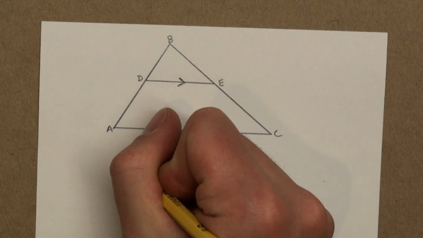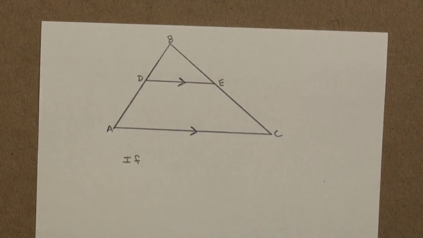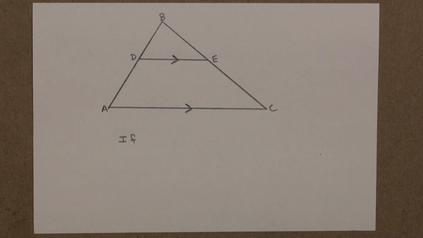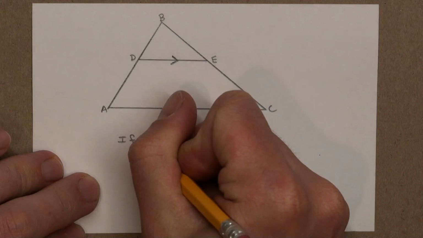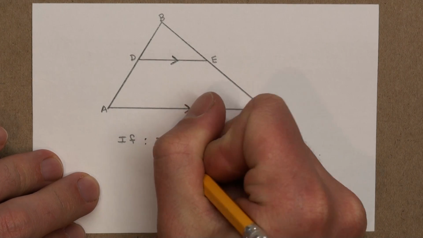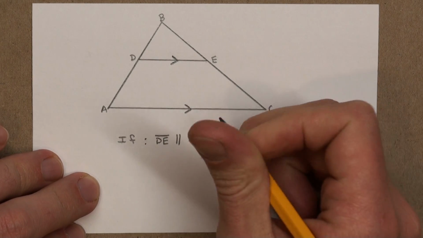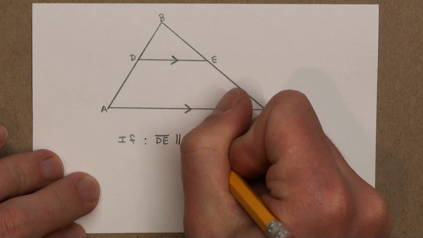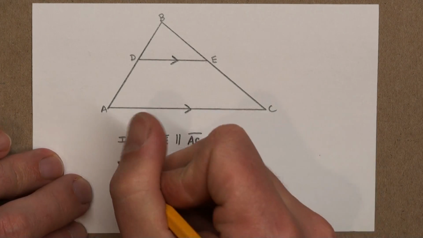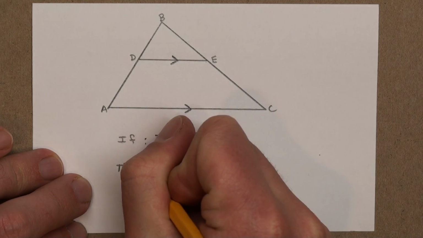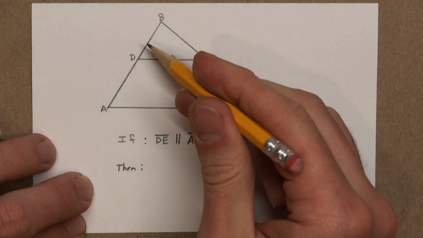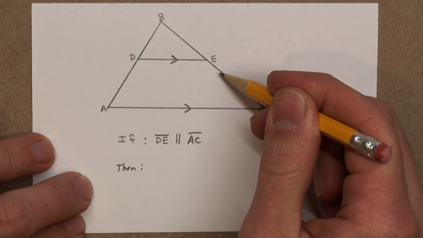What it says is that if segment DE is parallel to segment AC, then we can say that these pieces are in proportion.